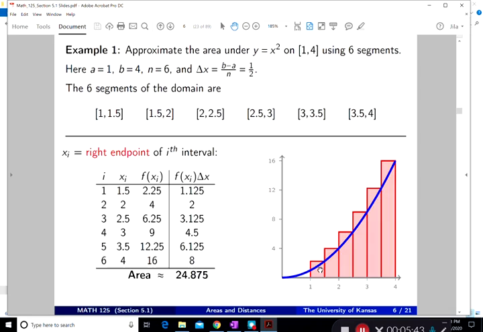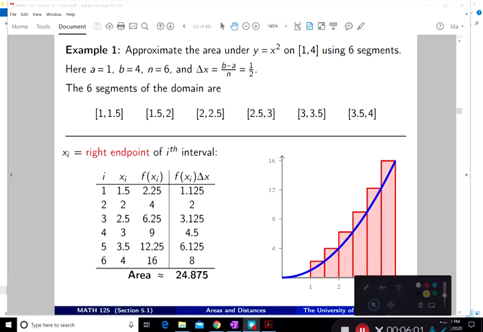Graphically, if you do that, you get these 6 line segments, and you have different approaches to choose xi. One way is to choose the right endpoint. If you're choosing the right endpoint, then you're choosing points that are either 1, then 1.5 for that interval.